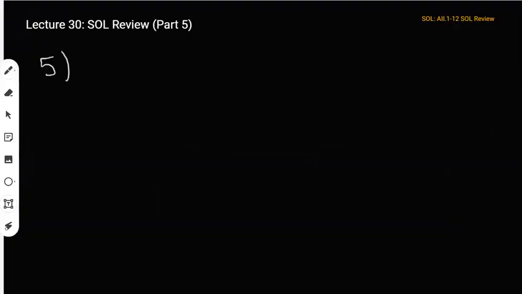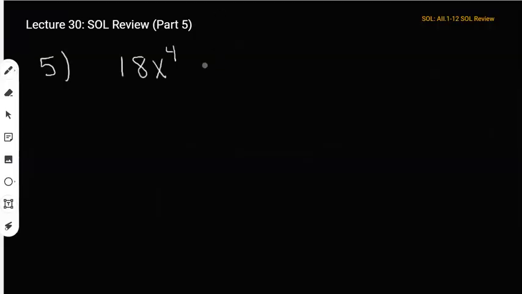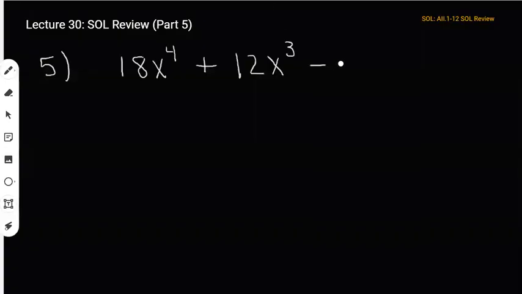Let's write it out. I'm going to have 18x to the 4th power plus 12x cubed minus 6x.